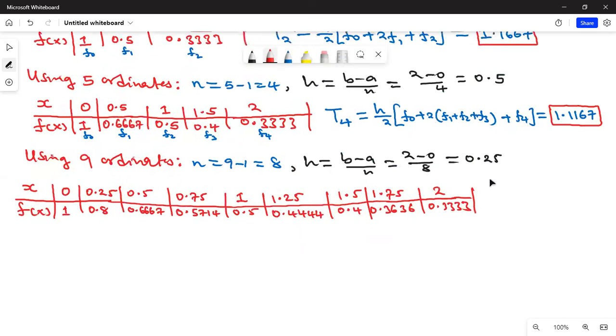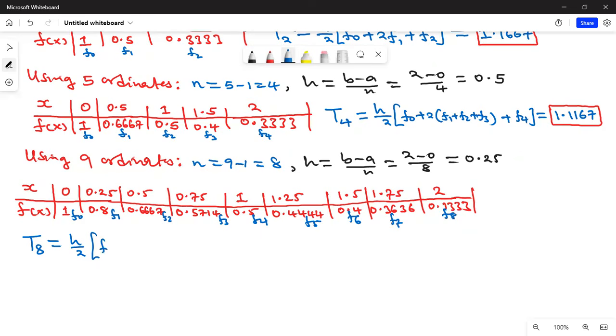So now our formula is T8. When n is 8, it is h over 2 into, remember now, here we have f naught, this is f1, this is f2, f3, f4, f5, f6, f7, f8. We go up to f8.